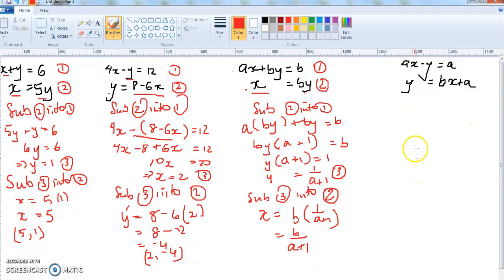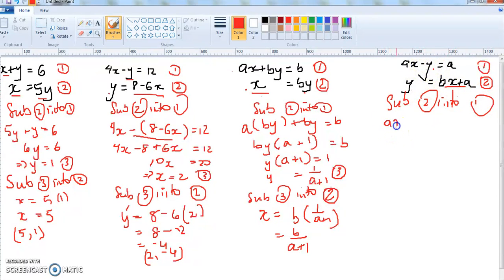For our last example, very similar, except we've got an expression equal to y, so label them as 1 and 2. Once again, equation number 2 has a pronumeral on its own, so we're going to substitute 2 into 1, and instead of y, I'm going to write this.